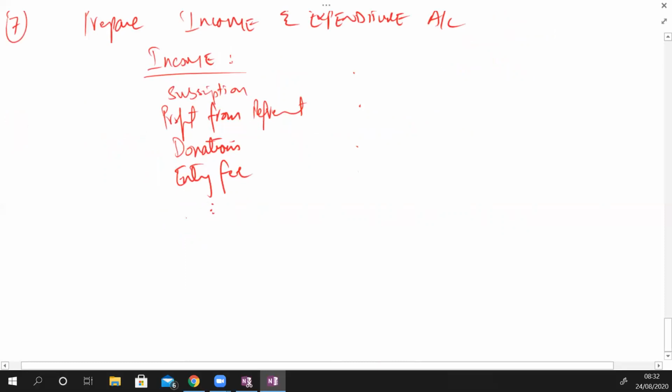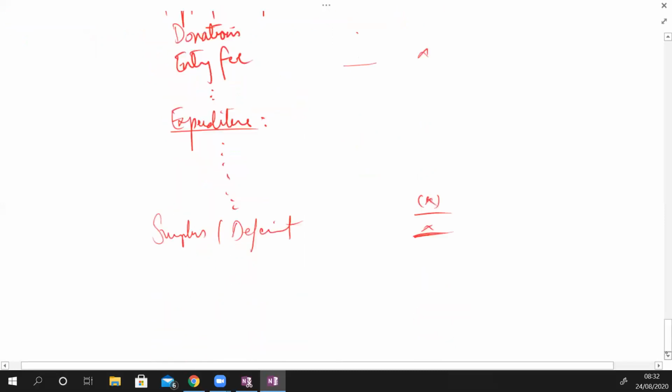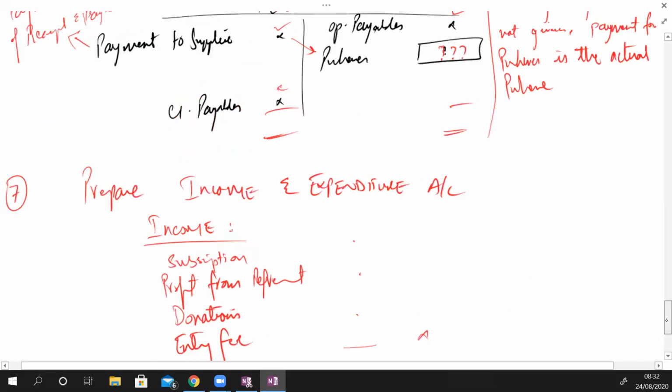And just below this expenditure, the expenses of a club, list them down. So income में से expense minus किए, you will have either surplus or deficit.